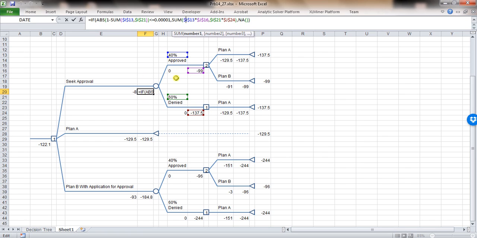This is equals to 0.4 into minus 99, 0.6 into minus 137.5. If you look at here, this value is calculated upon the maximum of these two values. Here it is cost, so plan B would cost less, that's why this.